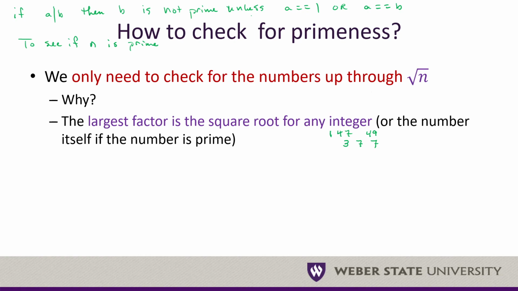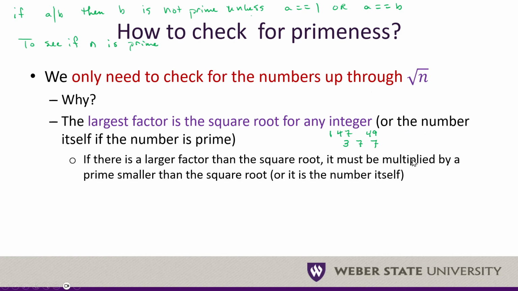So let's do 51 instead. For 51, the square root of 51 is going to be greater than 7, right?